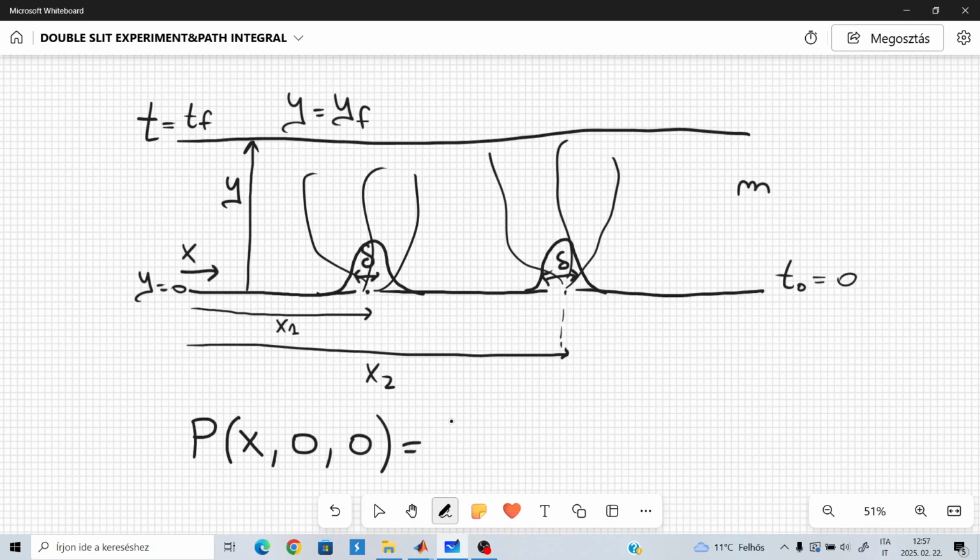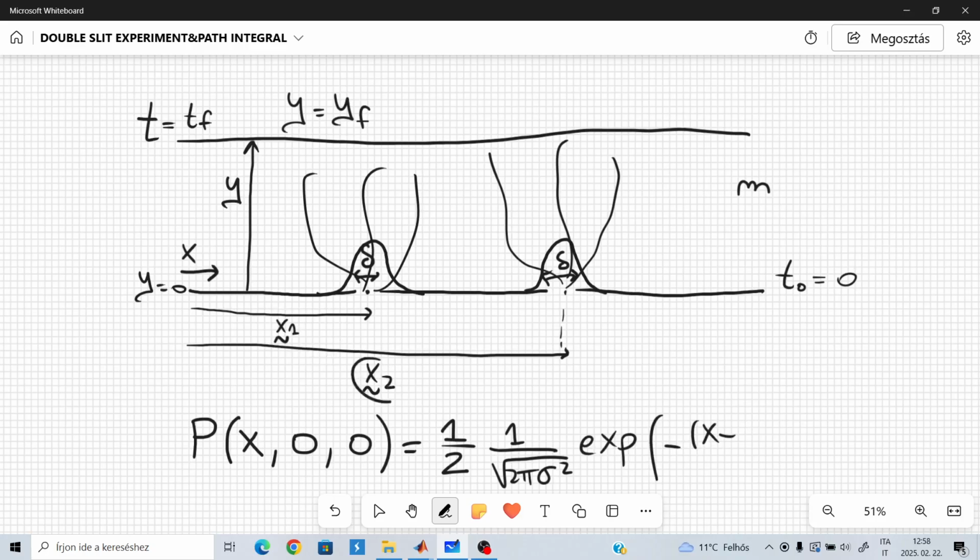I'm going to write it like this, and then I will also explain that to you. It's quite easy to understand, but let me write 1/2, and then we have 1 over the square root of 2 pi sigma squared, and then the exponential of minus x minus, let's put a tilde under this x1 and x2, and you will understand why, because I don't want to get confused when we carry out path integrals, so I will put this tilde.